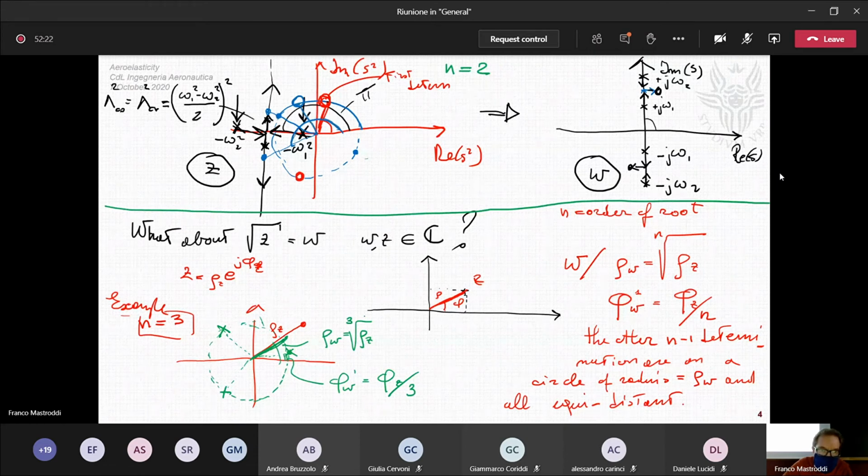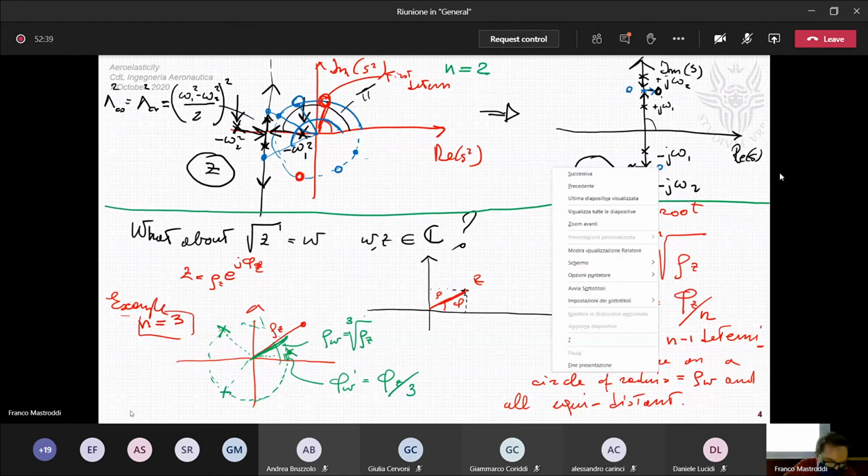Dividing this phase by 2, you have this solution and the other solution here on the opposite side of the circle. And so you have this here and this here.